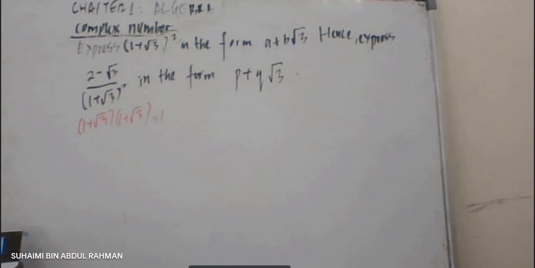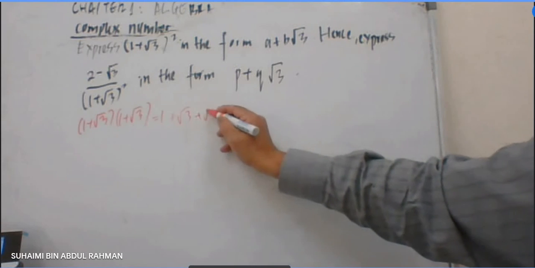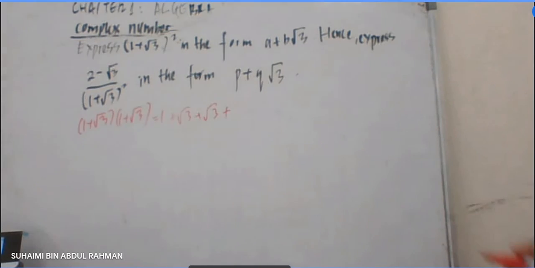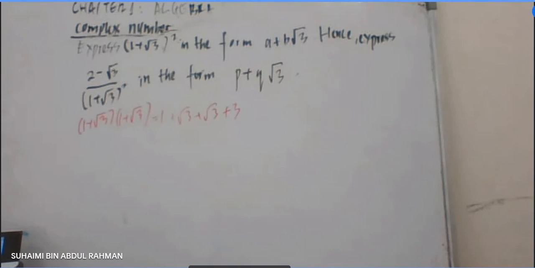So we have 1 plus square root of 3 plus square root of 3 plus 3.